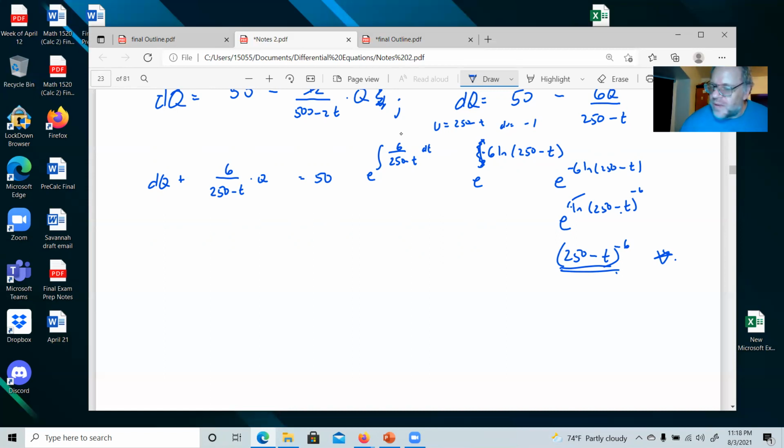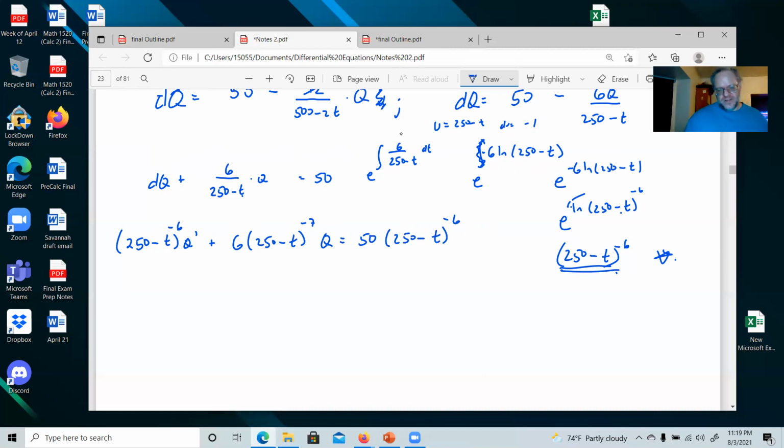All right, multiplying through. So we have 250 minus t to the -6 times q tick plus 6. This is going to be a -1 too, right? So this is 250 minus t to the -7 times q, which is equal to 50 times 250 minus t to the -6.